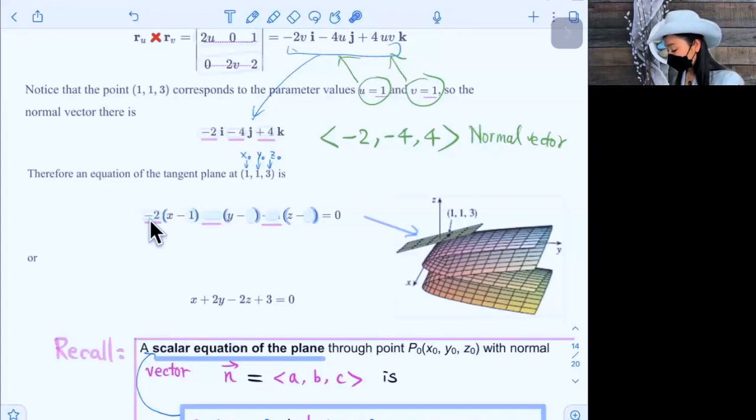And here will be what? Negative 4, right? Times y minus 1. And the next one will be plus 4 times z minus 3, and then equal to 0. Okay, so that's the equation for this tangent plane.